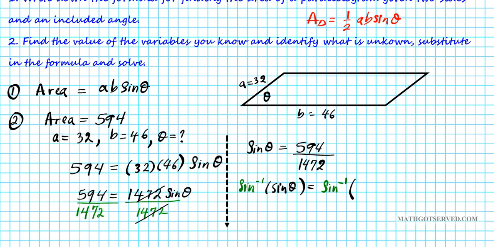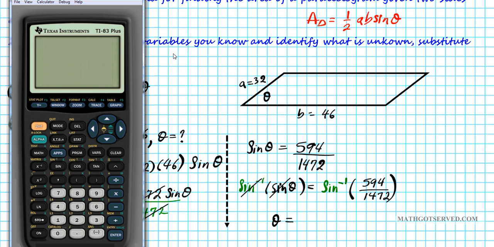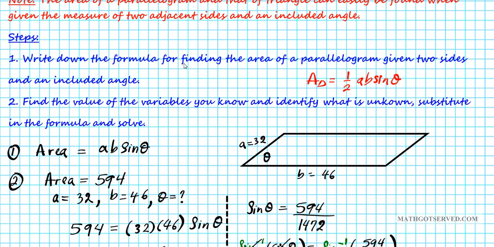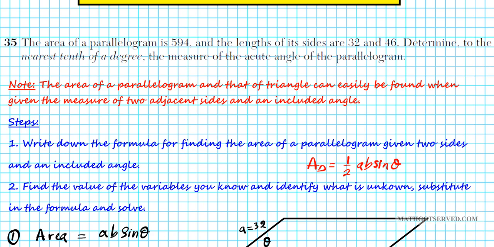Please don't try and divide both sides by sine. That is not accurate. All right, so we take the inverse sine of both sides of our equation. This cancels out. And we have theta equals, and then you just basically plug that into your calculator. Now, in this problem, it's in degrees.